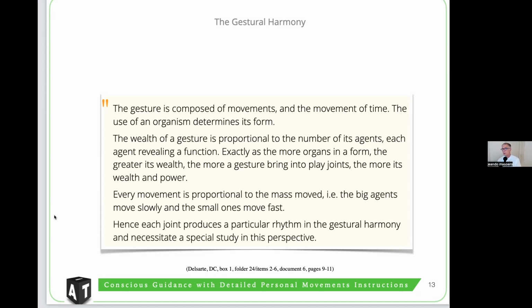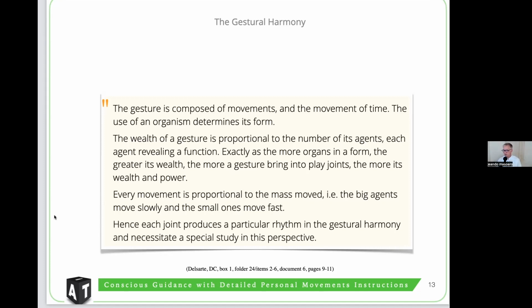For example, when you say every movement is proportional to the mass moved, so that the big agent moves slowly and the small ones move fast. Well, it's quite interesting to watch a person taking a step, because if you want to maintain a dynamic organization of parts, which is associated with lengthening, the form of the structure must be lengthening.